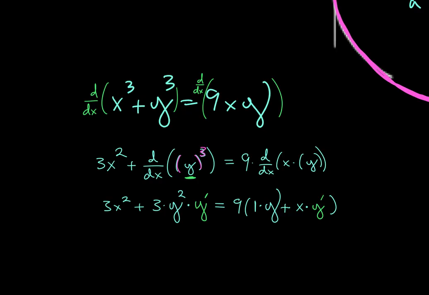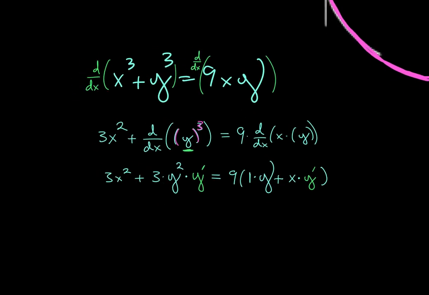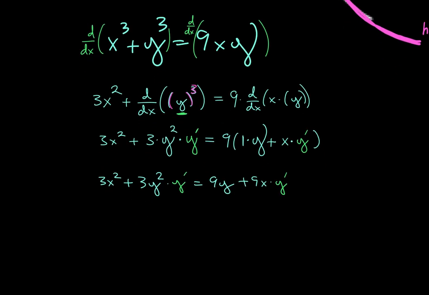And say I want to figure out what y prime is by itself, well, I just have to do a little bit of algebra. What that means is I have 3x squared plus 3y squared times y prime is equal to 9y plus 9x times y prime. And it looks like 3's can cancel everywhere.